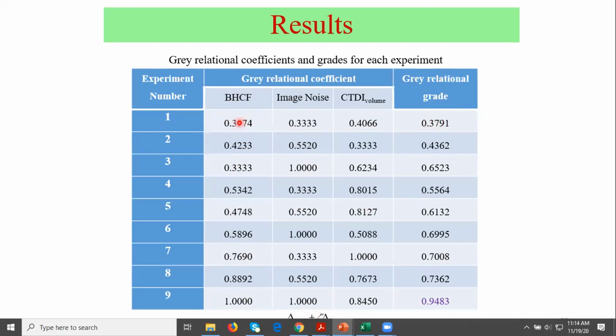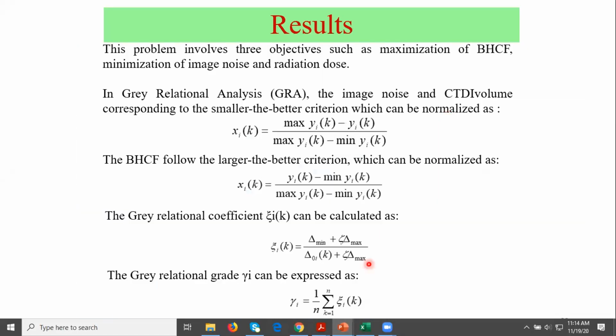You can see this average value here. Now for the three output parameters' optimal value, we got a single optimal value by generating the gradation grade. This is the formula, already you can see here. The average of the gradation coefficients is considered the gradation grade. From the gradation grade, you can predict the optimal value.